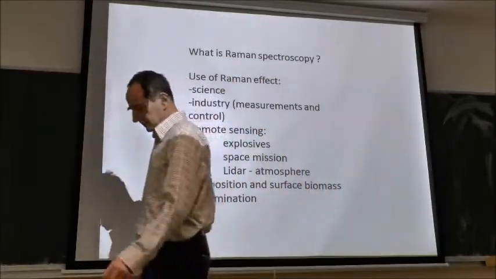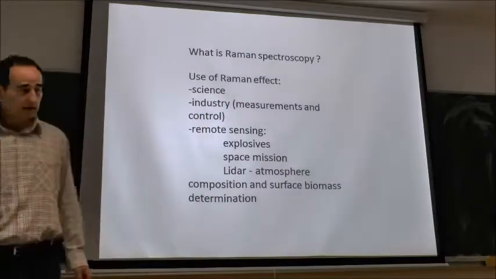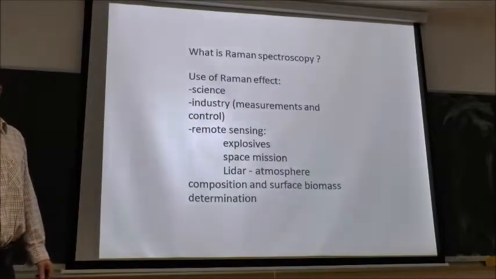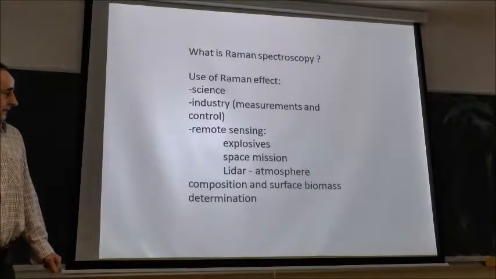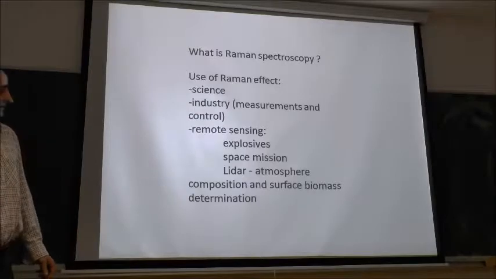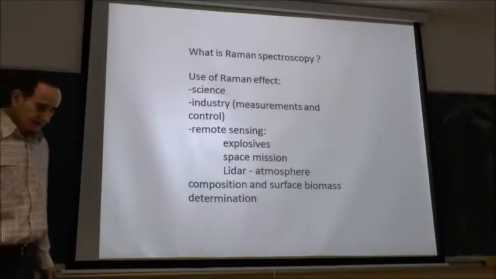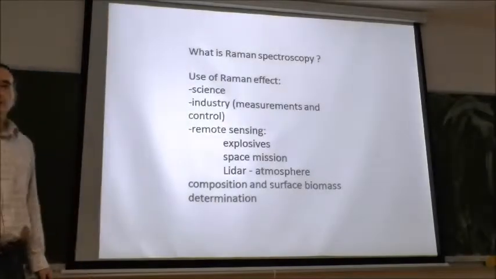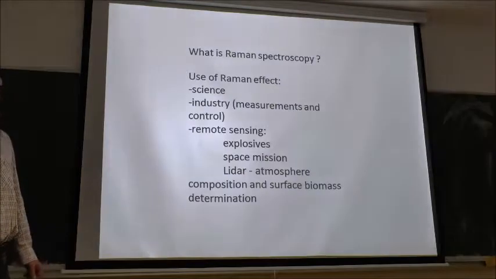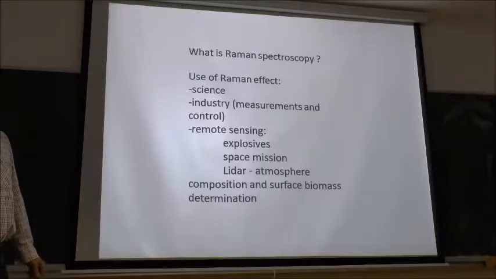This is the instrumental method by which we can extract information about vibrational properties of molecules and materials. So the Raman effect is used in science, especially materials science, then in industry, where you can measure and control processes, and in remote sensing.